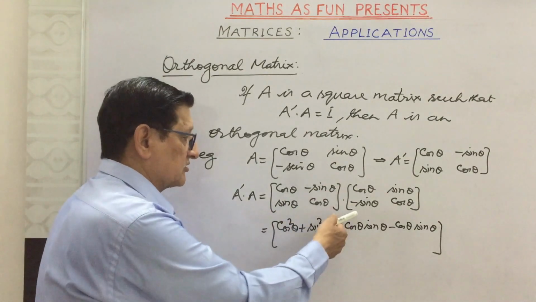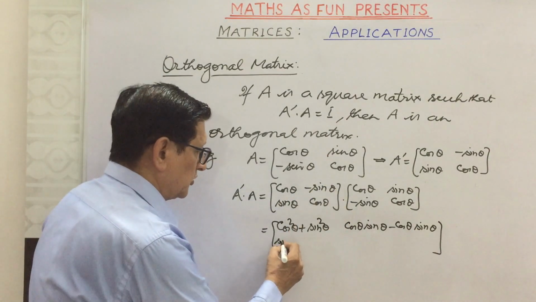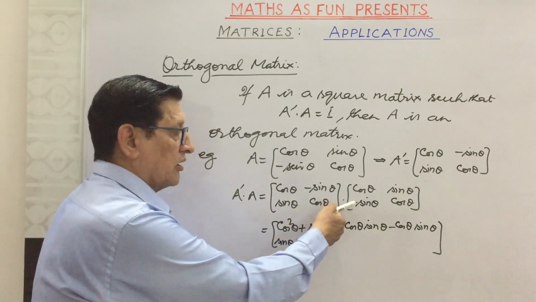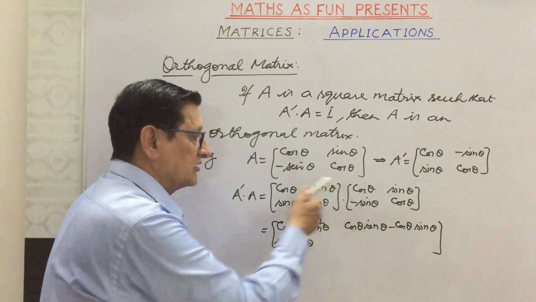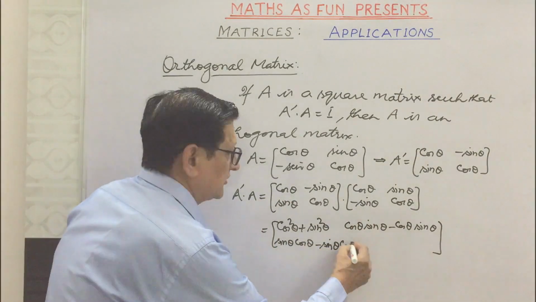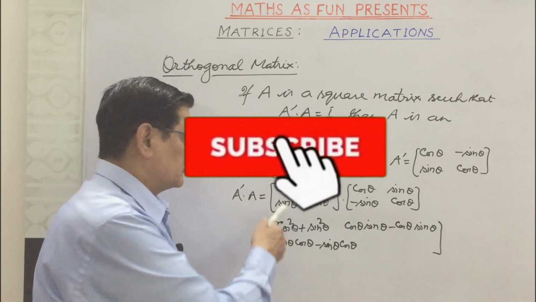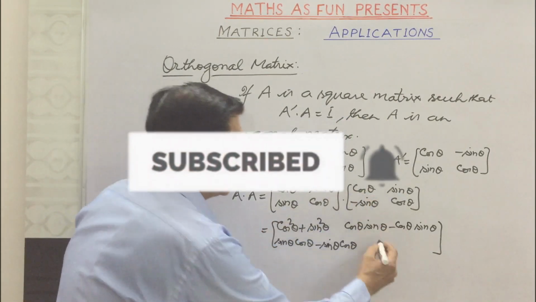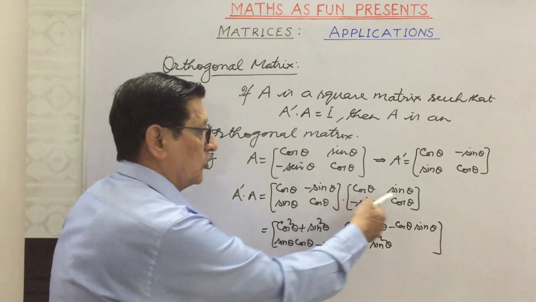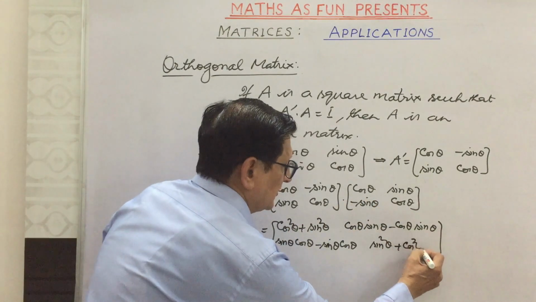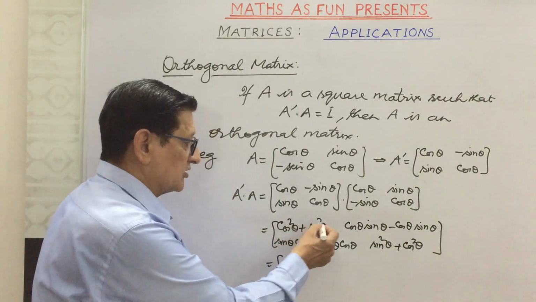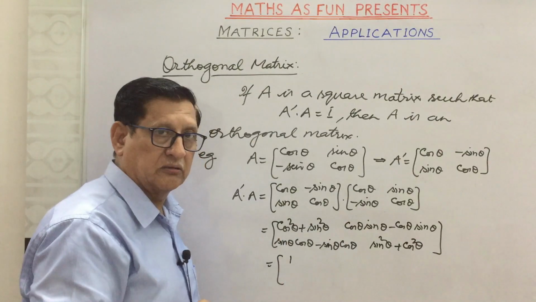Second row and first column, sin theta into cos theta, plus cos theta into minus sin theta, that is minus sin theta into cos theta. Second column, sin theta into sin theta is sin square theta, plus cos theta into cos theta is cos square theta. We know cos square theta plus sin square theta is 1.